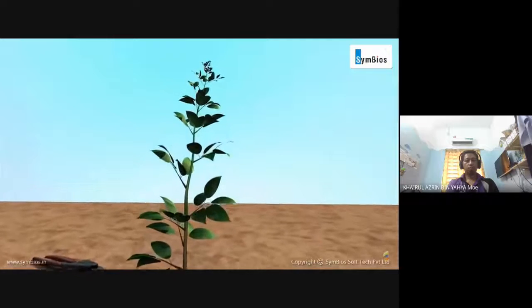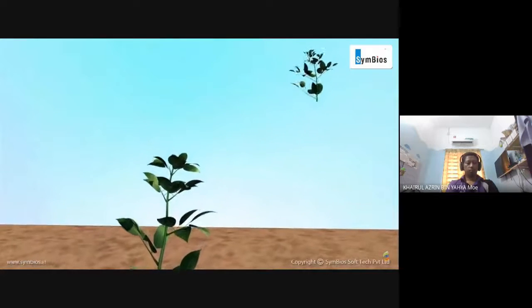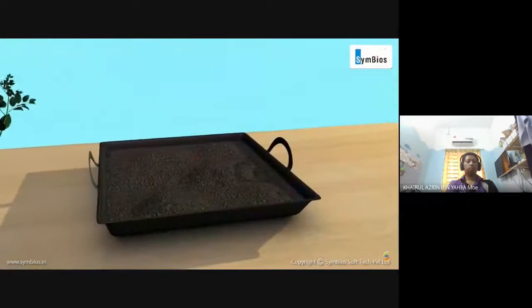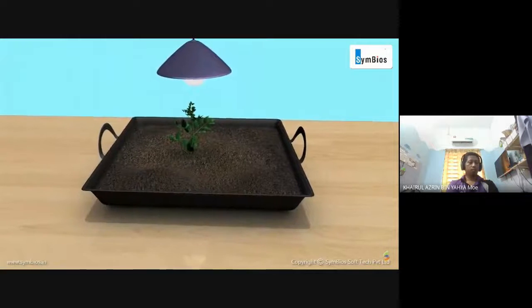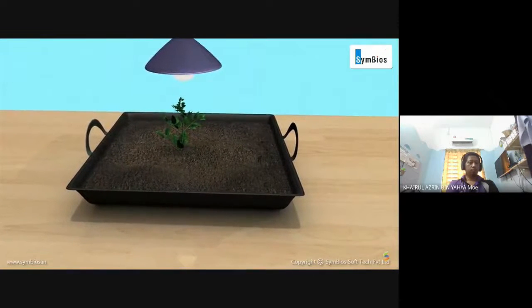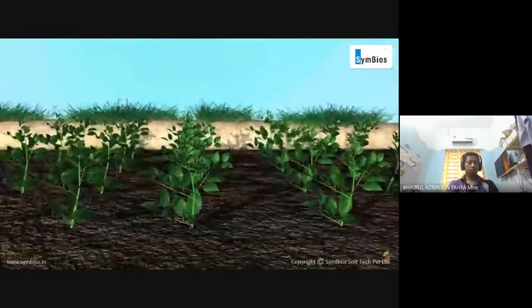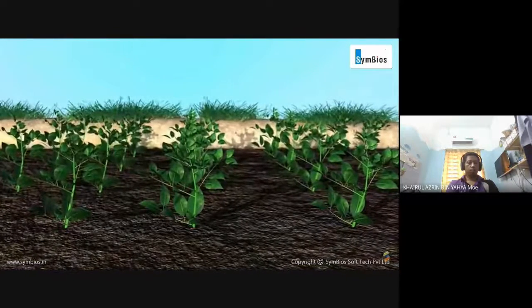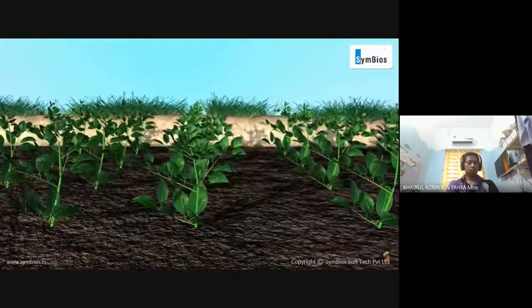In tissue culture, a piece of tissue is cut off from the growing tip of plants and kept in a nutrient medium under controlled conditions. The hormones present in the nutrient medium help in cell division. It leads to development of roots and shoots. These plantlets are then grown in moist soil.